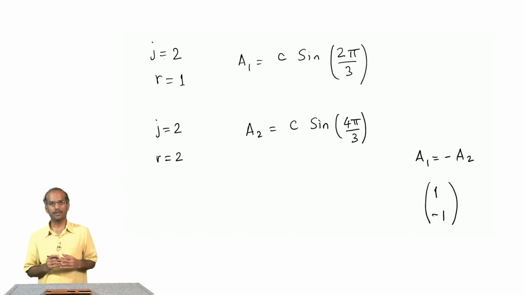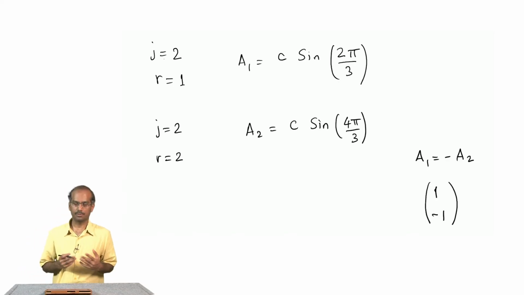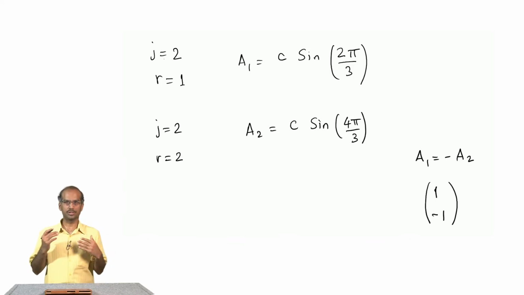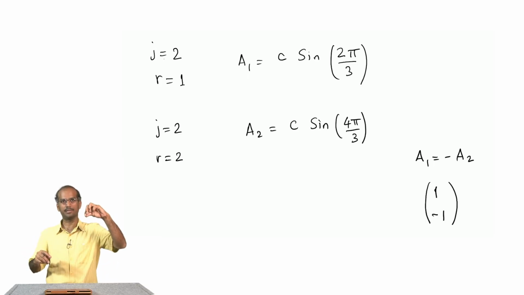Again, if you remember what we had done in the previous module, these correspond to 2 distinct patterns of oscillation: one in which the 2 particles just go up and down together, the so called in-phase oscillation, and the other one where when one particle is above the equilibrium point, the second one is below the equilibrium point.